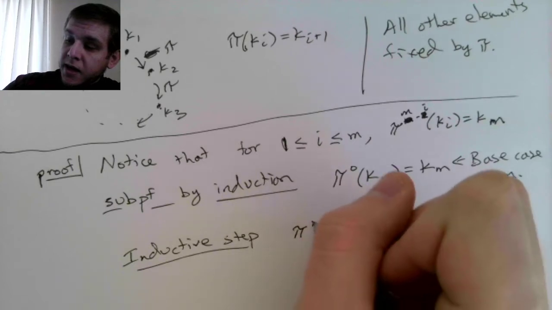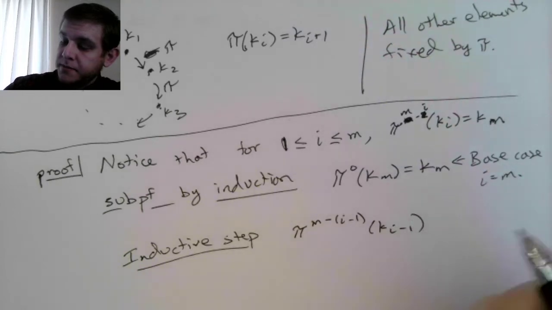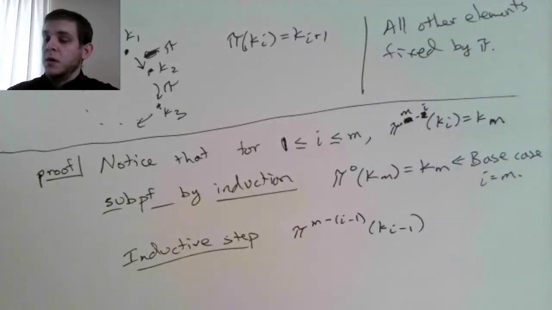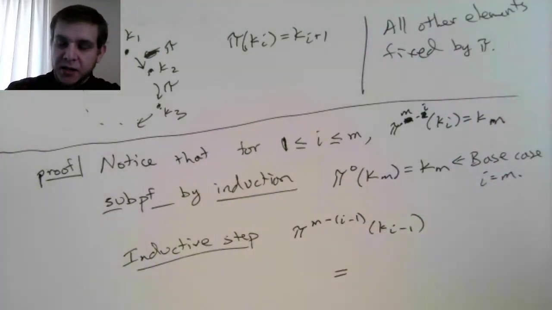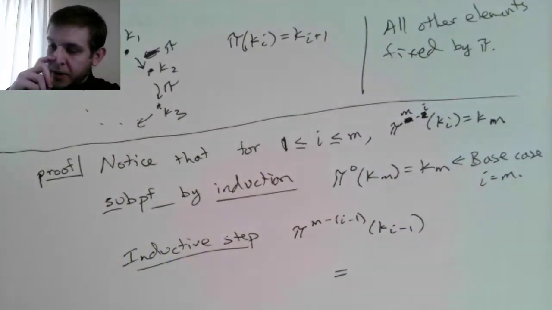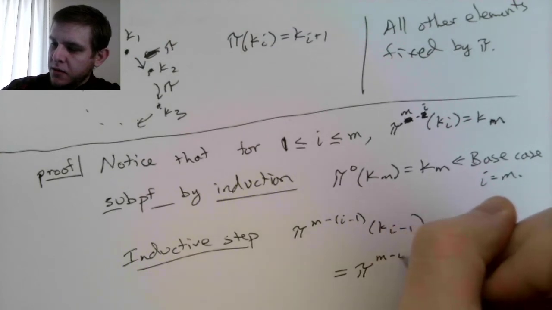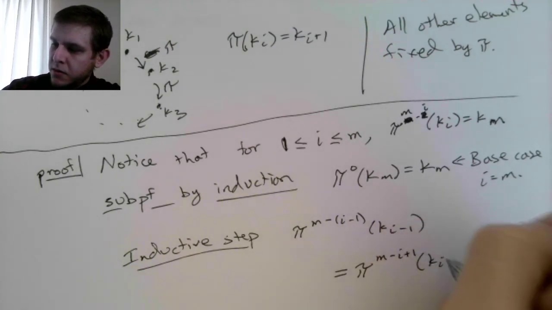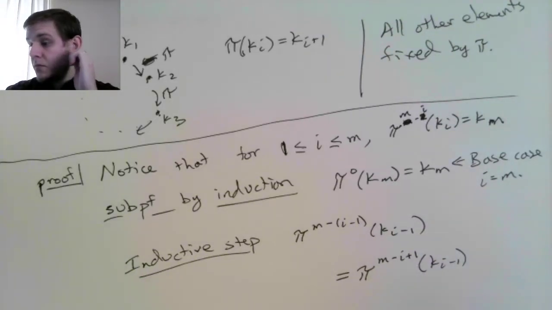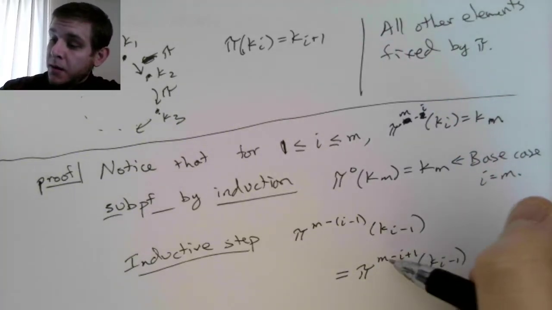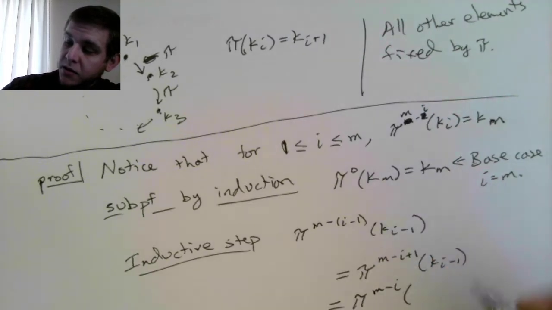So pi to the m minus i plus 1 of k sub i minus 1. Well, pi of pi inverse is the identity map. And pi has an inverse. So I can add a pi inverse here. Well, let's just do it slowly.